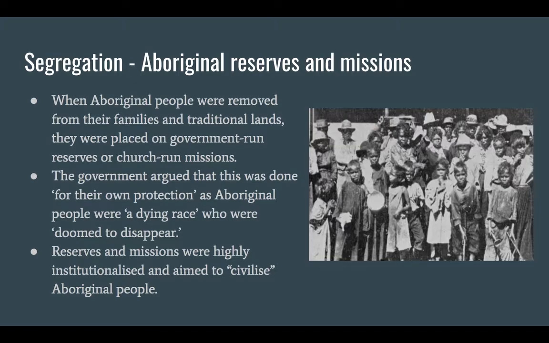Reserves and missions were highly institutionalised. Think about it like the most extreme, strict boarding school that you can think of, except probably with a little bit more abuse. And their aim was to civilise Aboriginal people.